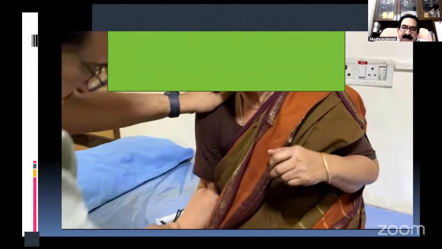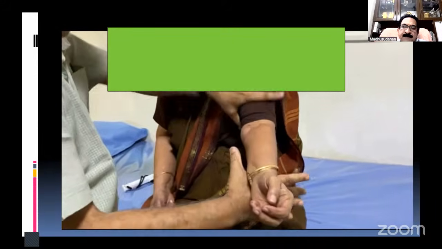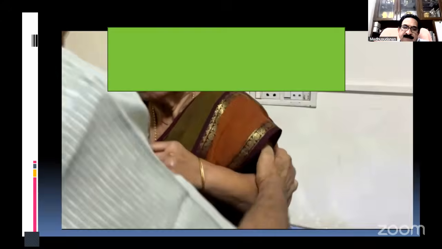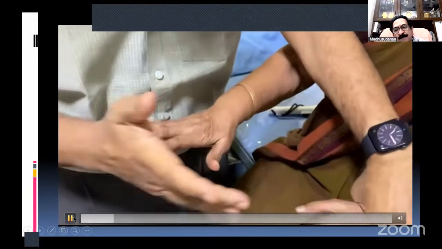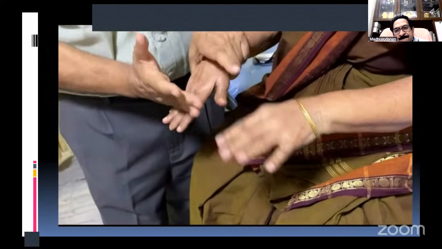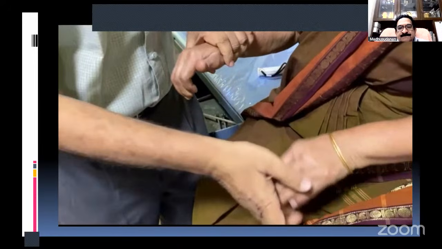Biceps also weak a little bit, not as weak as deltoid. But triceps was normal. Then the wrist, finger extensions were all normal. Finger flexors were normal.